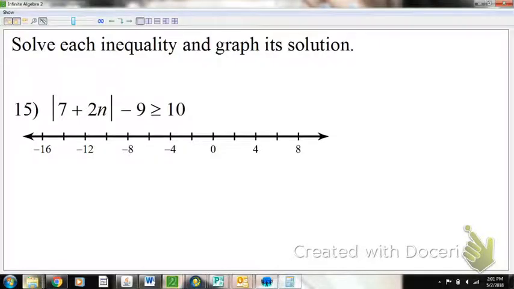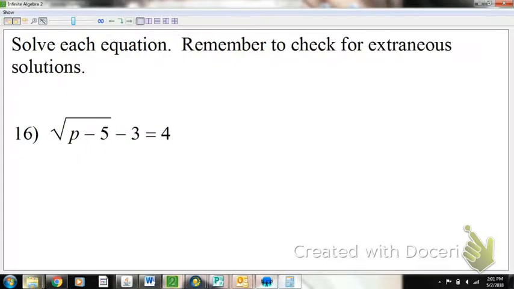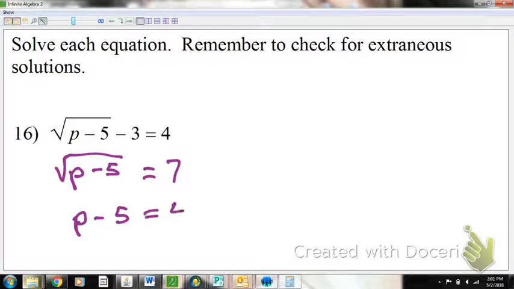All right, so number 16 is a radical equation. To solve radical equations, they're really similar to absolute values. We're going to get the radical by itself. So you would move that to both sides and square both sides at this point. You get p minus 5 equals 49. Add 5 to both sides, you get p equals 54.